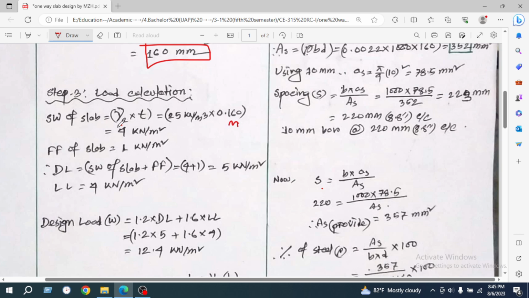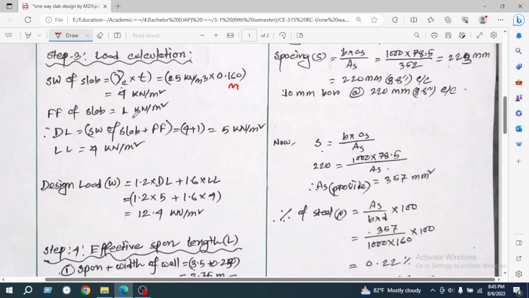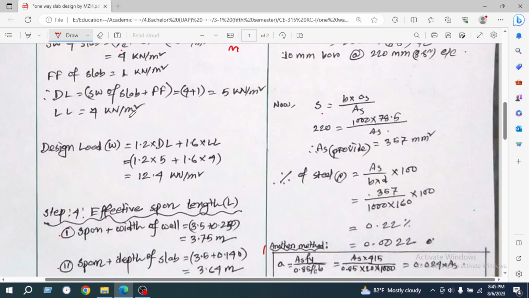Okay, so the self weight of slab is 4 kN per meter square. And the second is floor finishing 1 kN per meter square, and the total dead load is self weight of slab plus floor finishing, which is 4 plus 1 is 5 kN per meter square, and live load 4 kN per meter square.